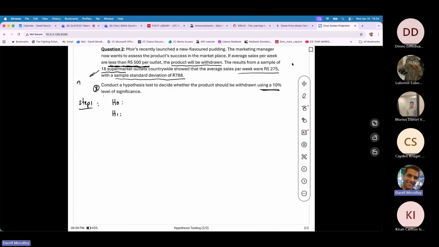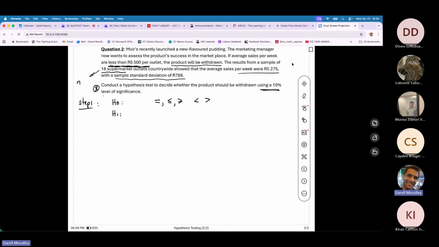Here, what you need to remember is that your H0 will always take on one of these 3 symbols: equals to, or less than or equal to, or greater than or equal to. It never takes the strictly greater than or the strictly less than.